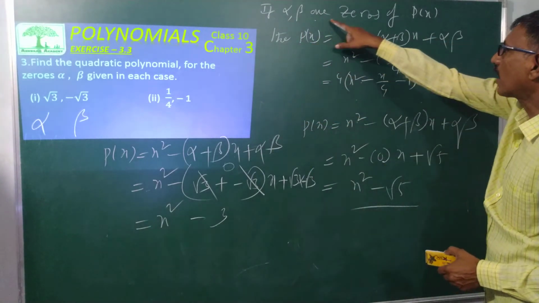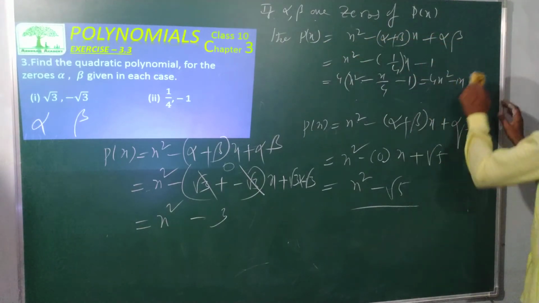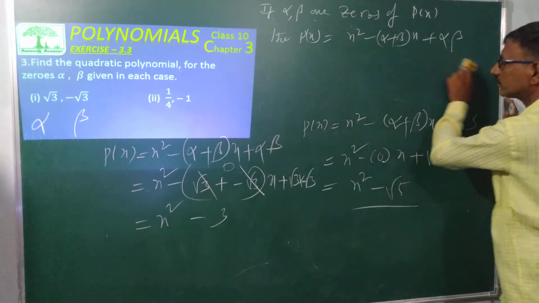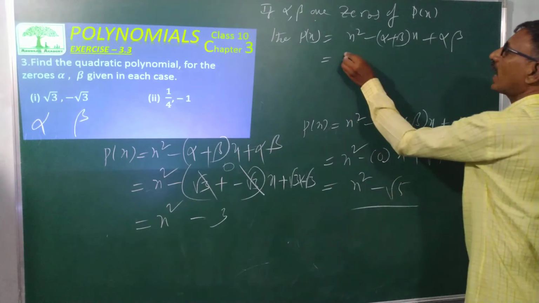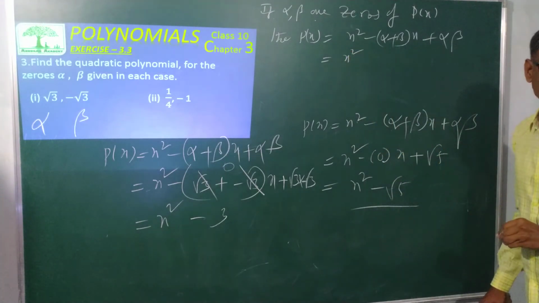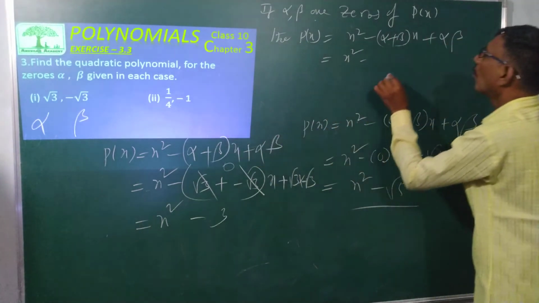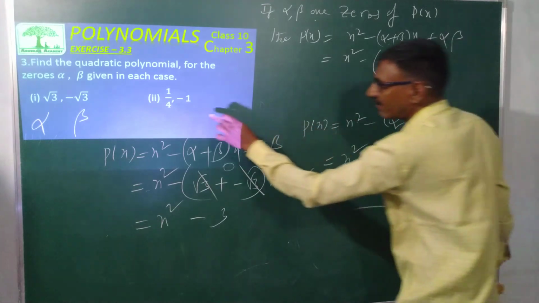So if alpha, beta are the zeros of p of x, then p of x is equal to, this is my formula. Am I clear? Yes. This is equal to, I would like to write x square as it is, minus (alpha plus beta), 1 by 4 minus 1, because my beta value is here.